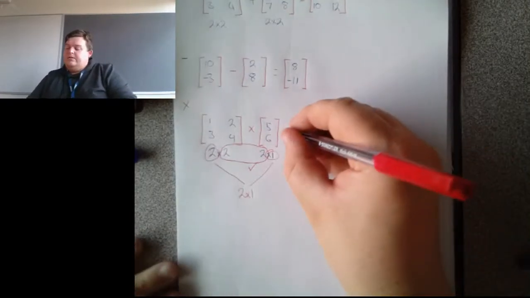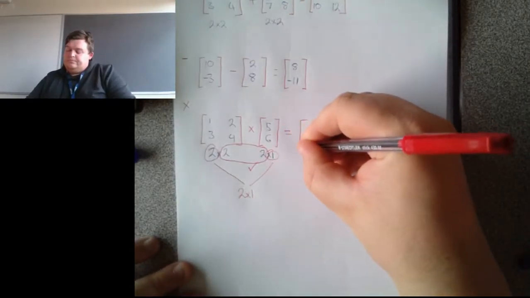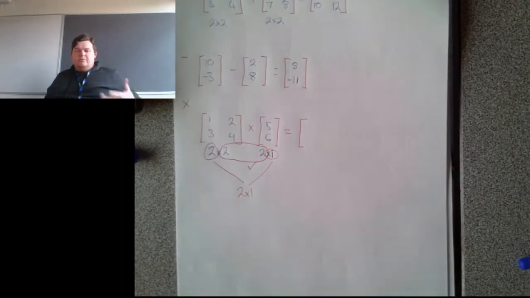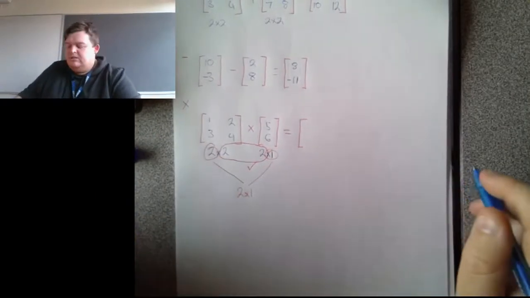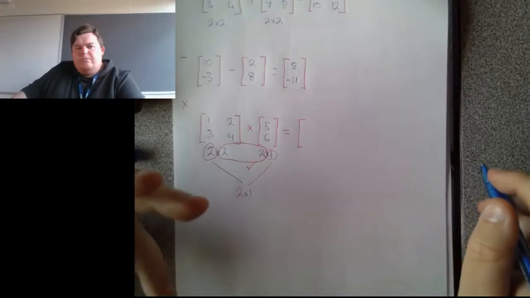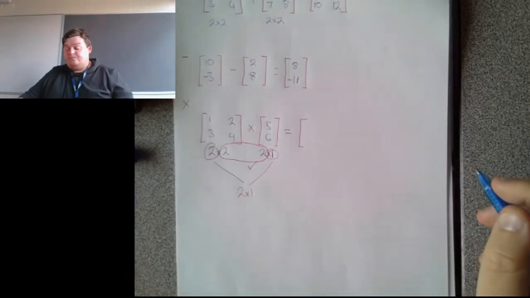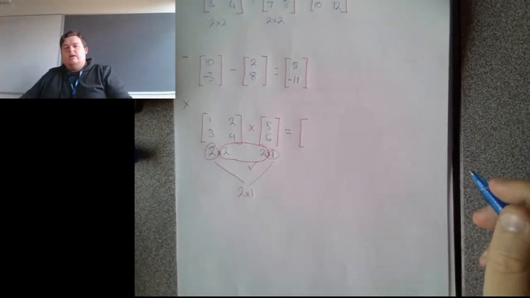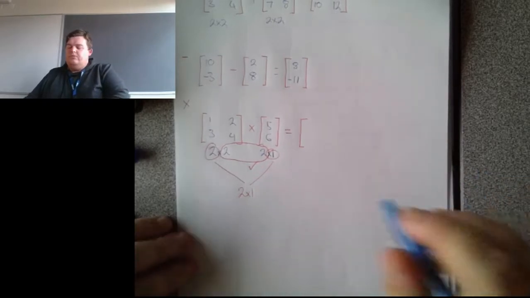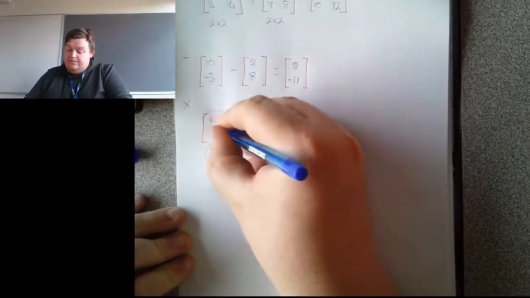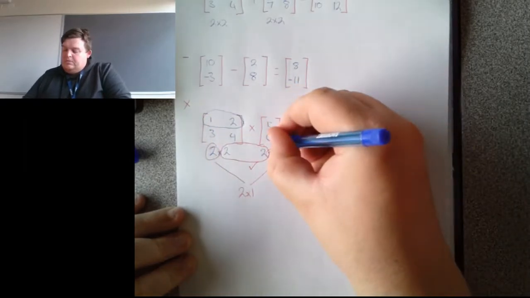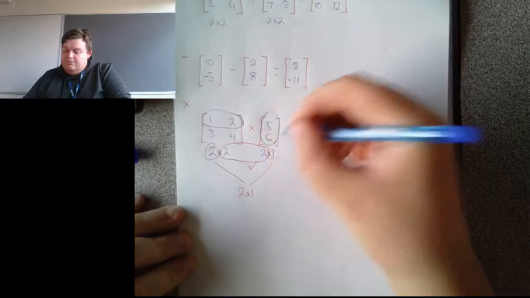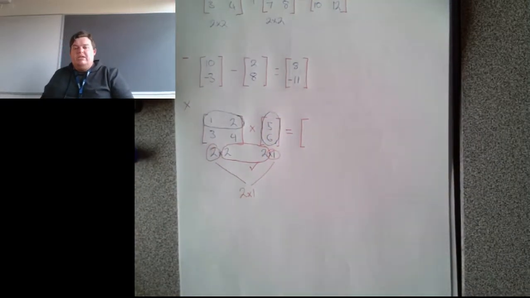So I know that my answer is going to be a 2 by 1. I'm just going to leave that a bit open so I have room to write. Now we get into the process. What you're going to do is multiply each row by each column. In this case, we only have one column. So we're going to do this row multiplied by this column, and then add those values together.